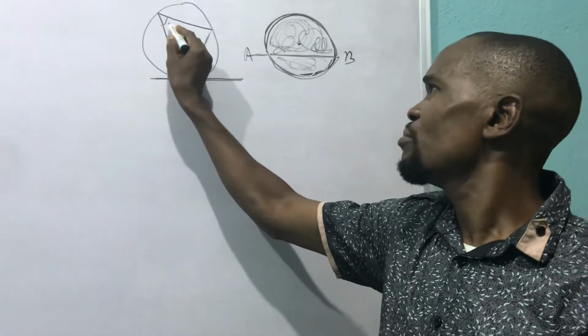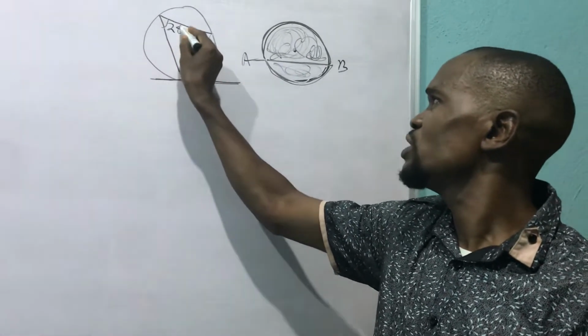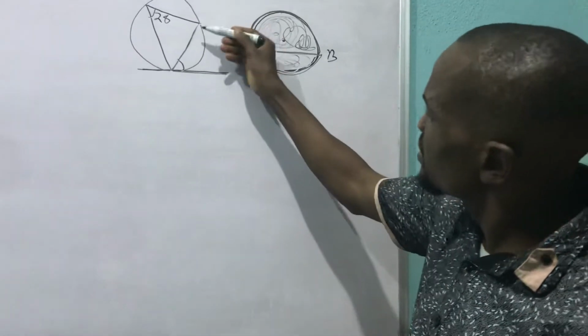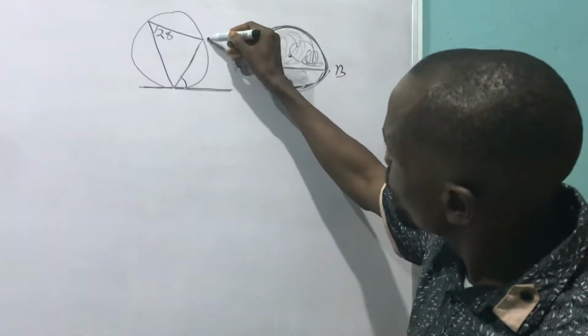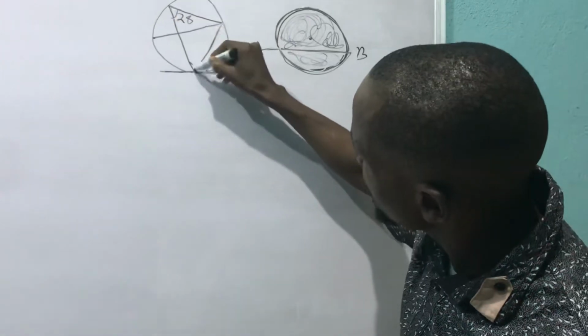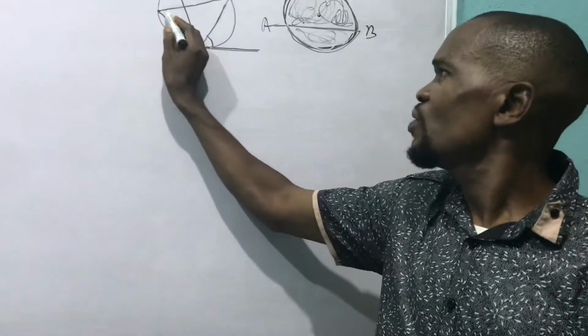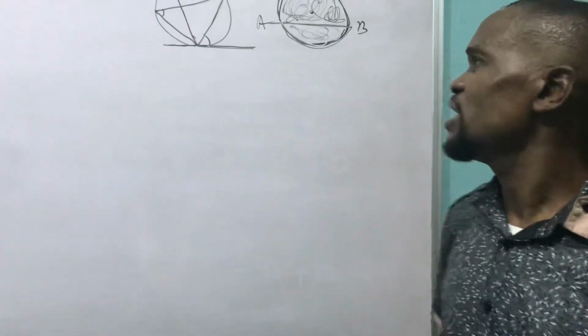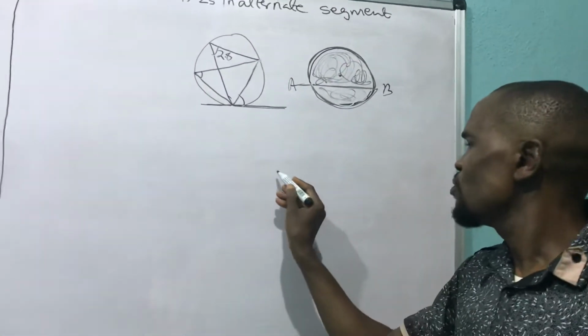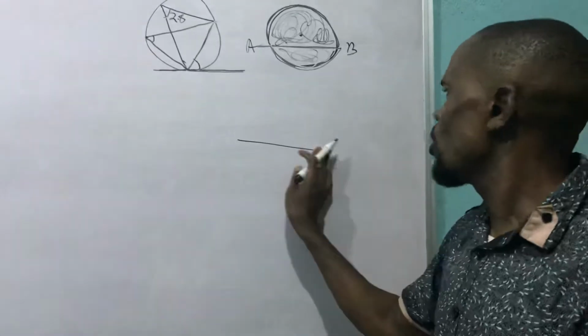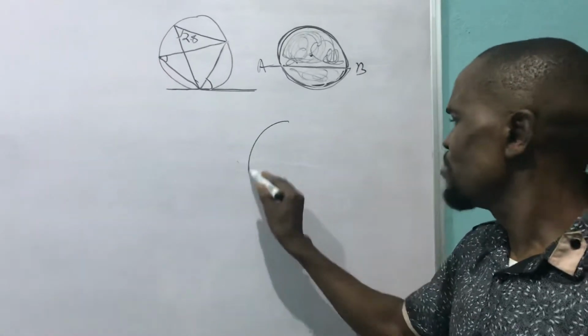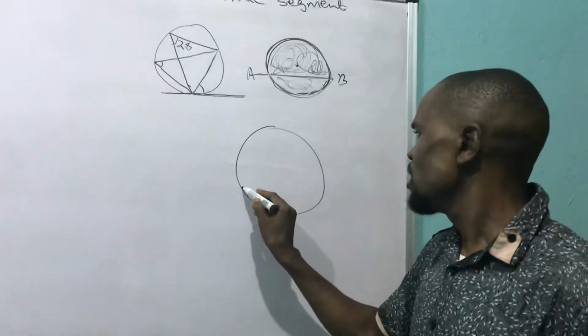Look at the angle you form at the major segment, which is what? 28. If this chord forms another angle here, this angle he forms is the same as 28. That's what we said. Angles formed by a chord in a major segment or minor segment are equal.